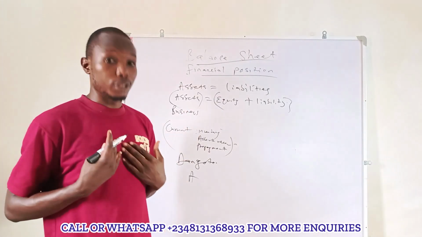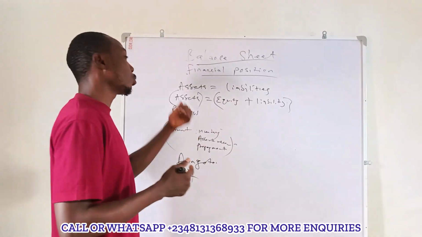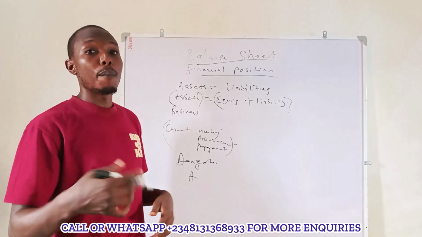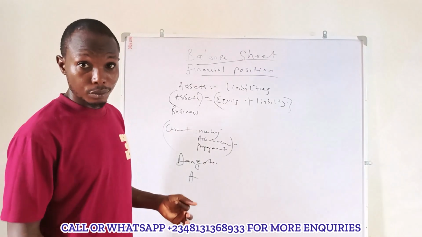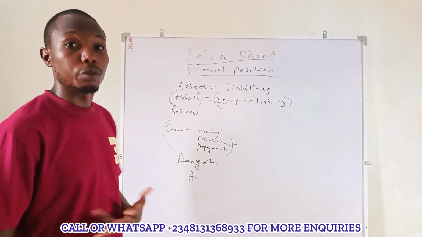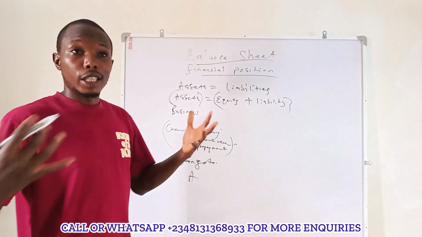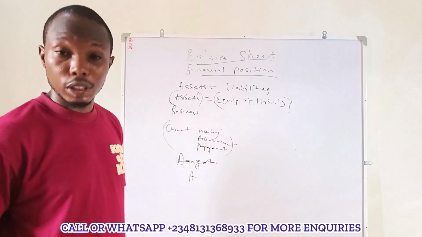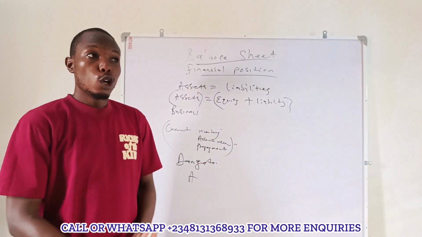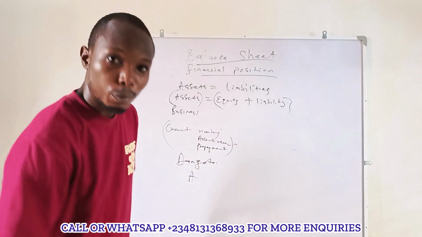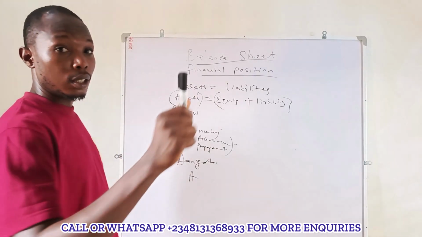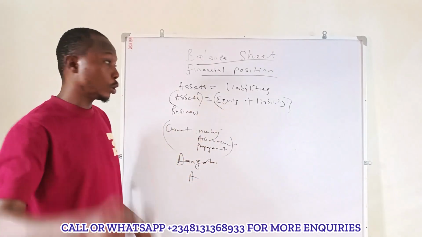Then you introduce an amount of money to be able to start this business, which the business is also owing you. That is why you are being paid dividend on the investment you've invested, or at the end of the day, you get your own shares, you get your own profit, you distribute the profit among shareholders, or you decide to reinvest the profit, ploughing back of profit. That's another source of finance apart from buying on credit that I mentioned earlier.